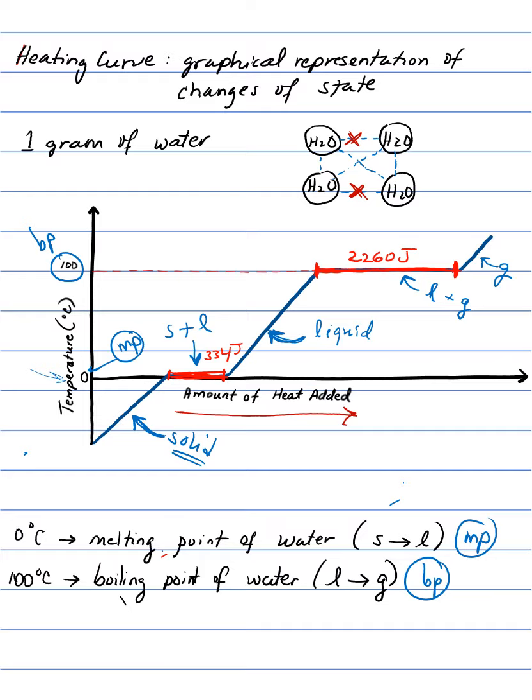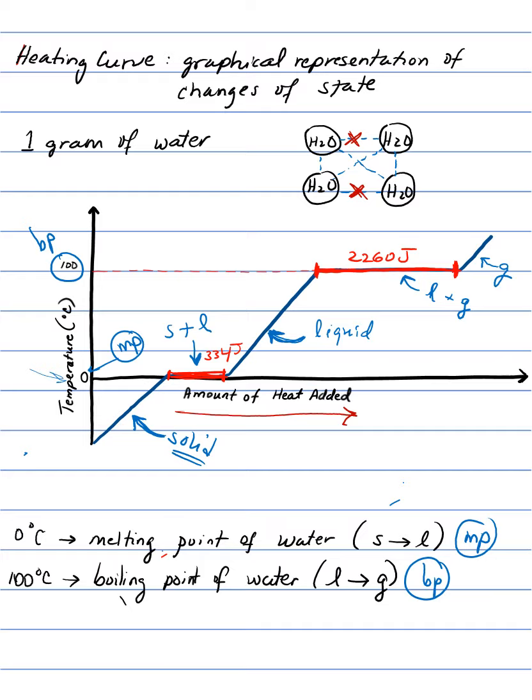That's why your numbers are so different. Even though they represent the amount of energy that 1 gram of water is absorbing, it's different because the number of interactions between your water molecules that need to be broken or pulled apart for your solid to become a liquid is smaller than the number of attractions that you need to break for all of your water molecules to be apart from each other to go from a liquid to a gas state.